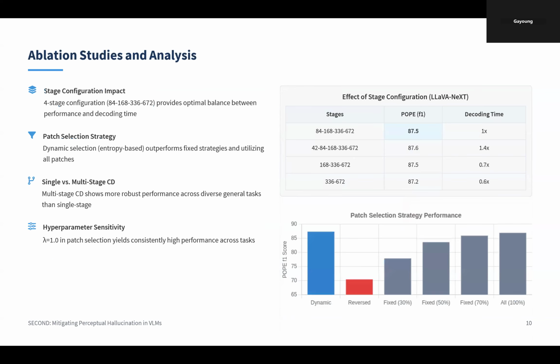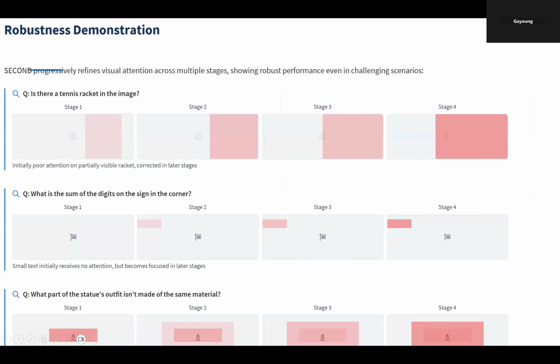And this is the ablation studies and analysis. Their patch selection was nice if you look at the F1 score. And this is the robustness demonstration. I will give you more detail later because I didn't finish this slide.